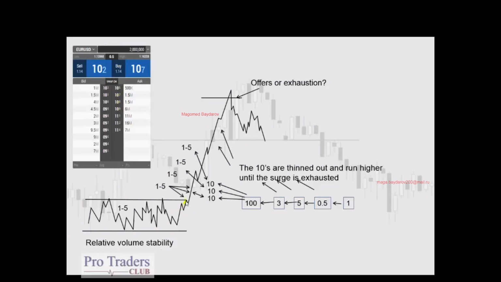And so price will start to move, of course, because you have more bids than offers. Price starts to move because the bids need to find liquidity. So it moves out of its relative volume stability state, low liquidity state, because it needs to seek liquidity.